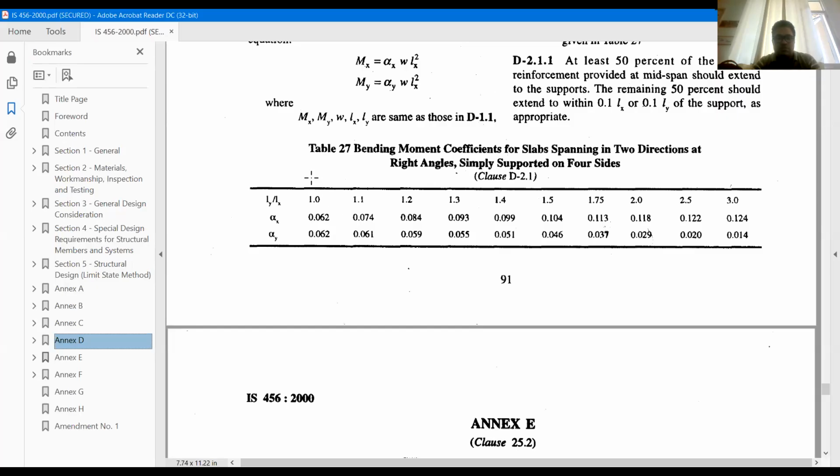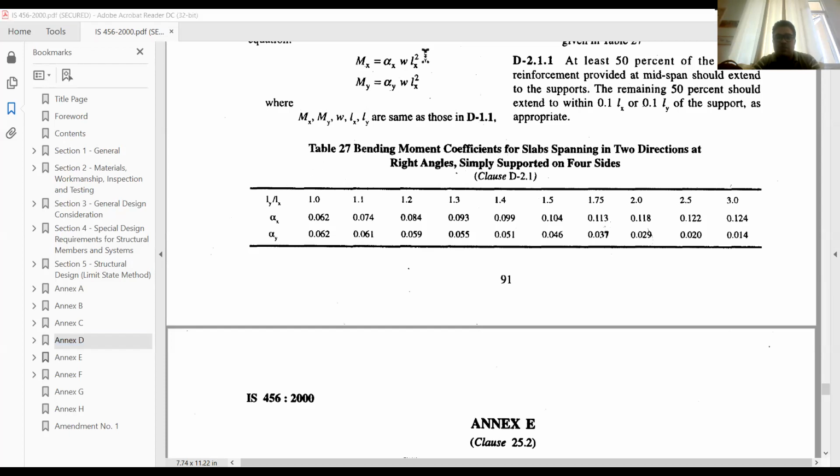So this is the table that we are going to use to calculate the value of alpha x and alpha y. So now here you can see the value of Ly by Lx in our case is 1.38. Now for 1.38, we can't find the value of alpha x, alpha y directly. Here we have to do the interpolation.